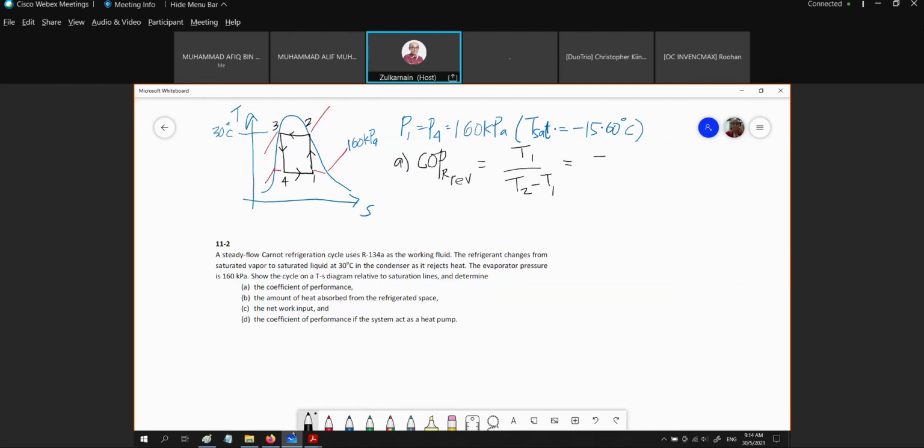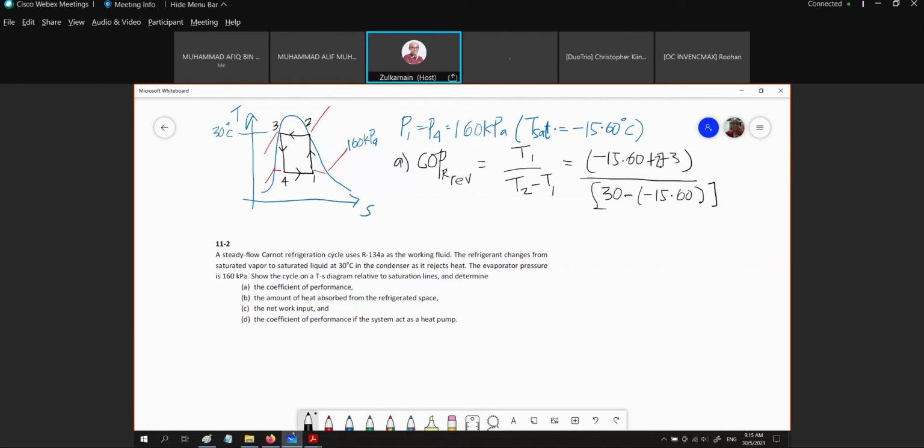T1 is minus 15.60 plus 273, divided by T2 minus T1, which is 30 minus (minus 15.60).